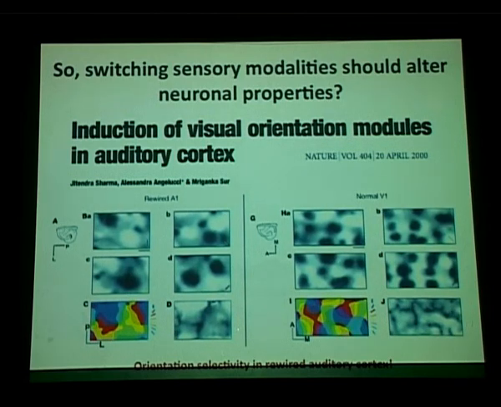Normally, you wouldn't have such structures in the auditory cortex, but if you rewire and map the visual input onto the auditory neurons, which now get a new statistics of inputs, you start getting orientation selectivity. You also get pinwheels and linear zones, all the things that you see over here start appearing in the auditory cortex. So that is one way of experimentally showing this.